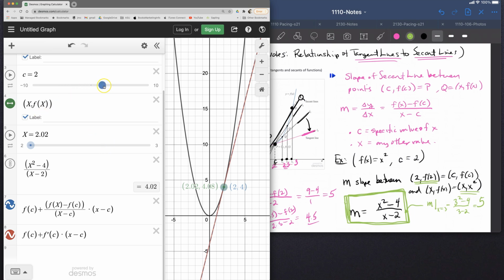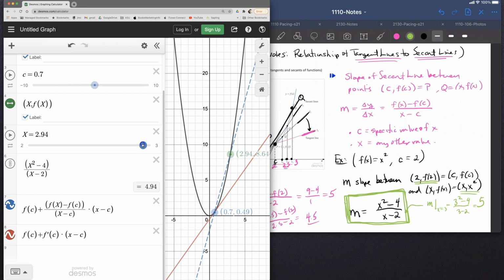What's interesting is that if you were to choose a different specific value of x, like changing your c value here, maybe we choose c to be 0.7, the same process still applies. You can see here that the secant lines are now more pronounced. The secant line between those two points kind of cuts off the curve.